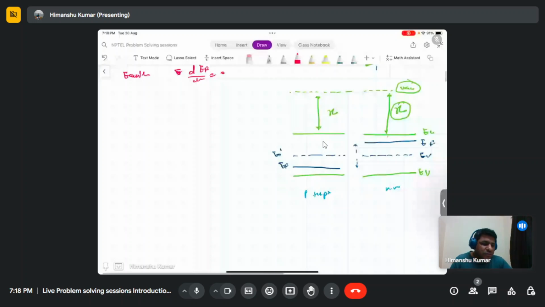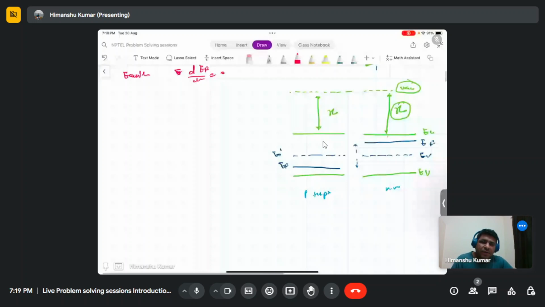The n side has the excess of electrons and the p side has the excess of holes. When you join them, the electrons will start to diffuse to the other side, because the electron concentration there is way lower. In the p region the electron concentration is Ni squared divided by Na, and on the n side it is Nd.